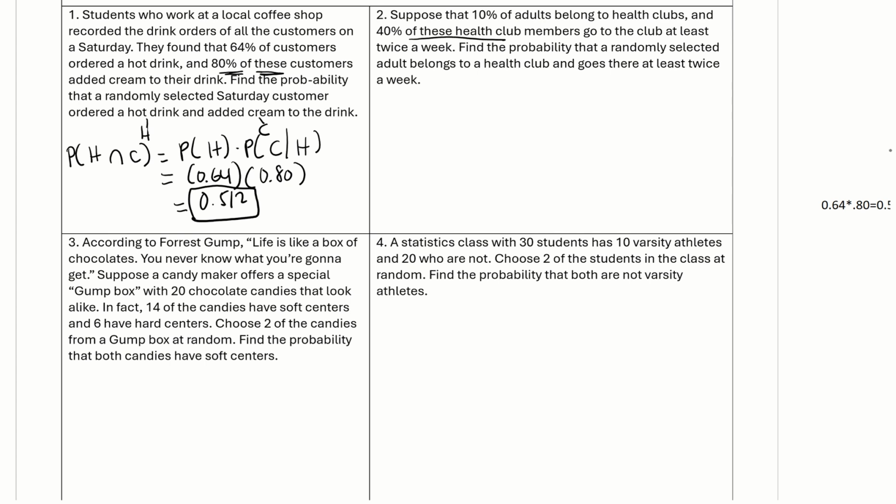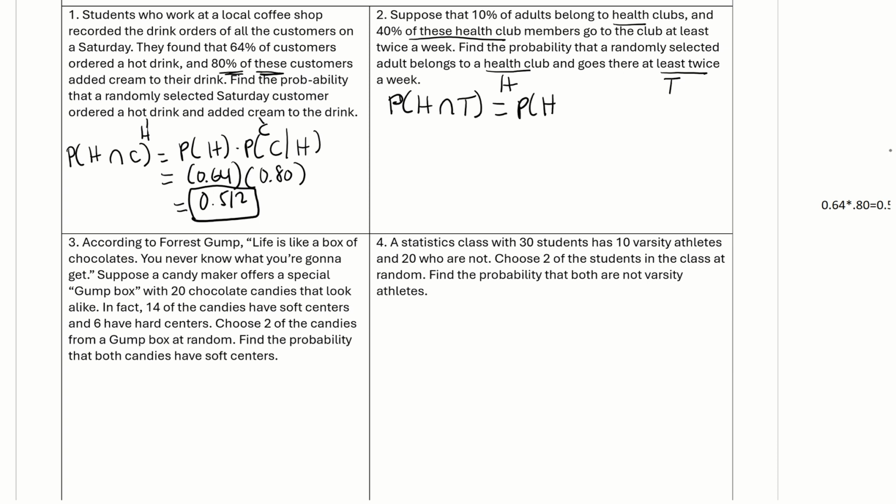All right, so now number 2, suppose that 10% of adults belong to health clubs and 40% of these health club members go to the club at least twice a week. So we'll say H is for health clubs, and then T for twice a week or more. All right, so we want the probability of health club and goes at least twice a week.